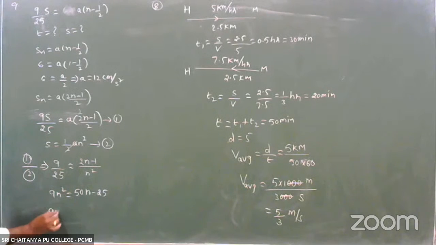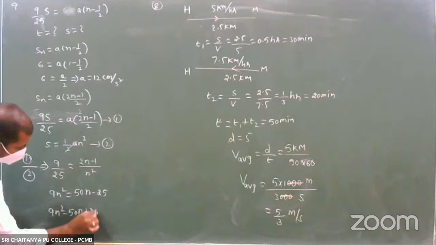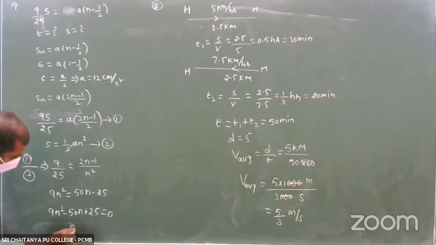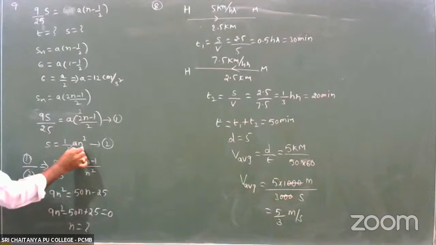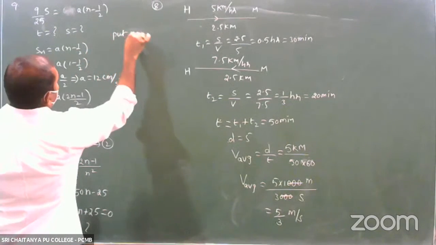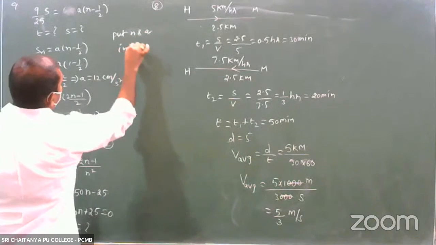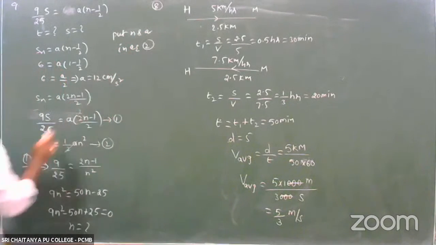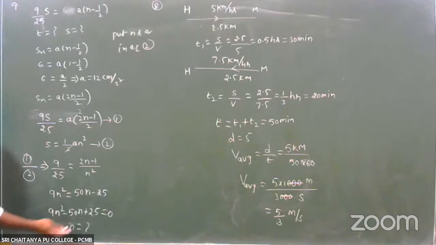Send it to the left side: 9n square minus 50n plus 25 is equal to 0. Find the n value. You can use the quadratic equation solution: minus b plus or minus root over b square minus 4ac, by 2a.